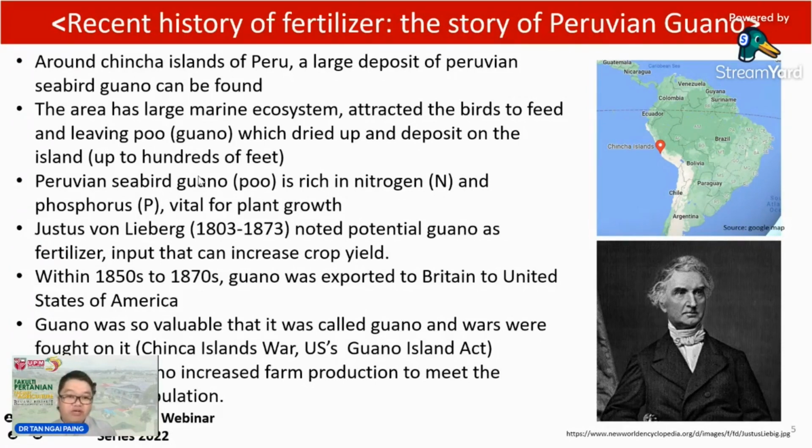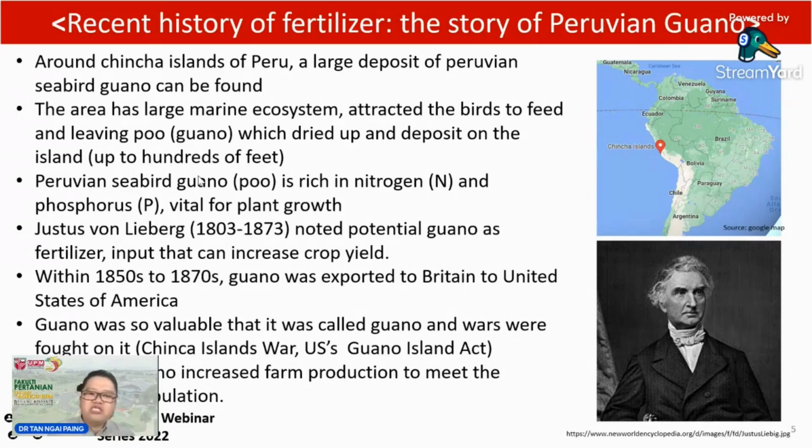And of course, it always happens to my car as well. Every morning they always leave some poo on top of your car. The same thing: after the birds feed on the fish and seafood, they leave poo on the island.